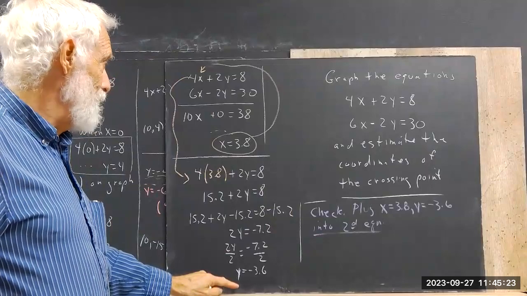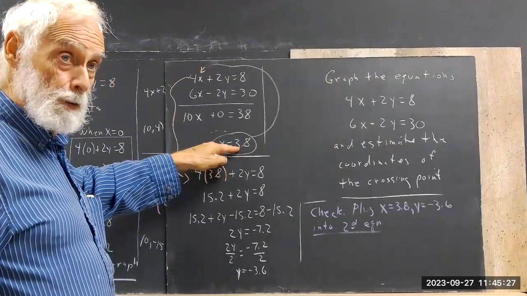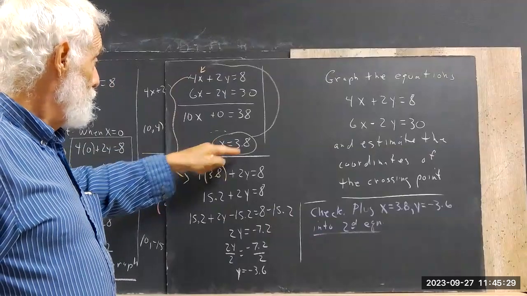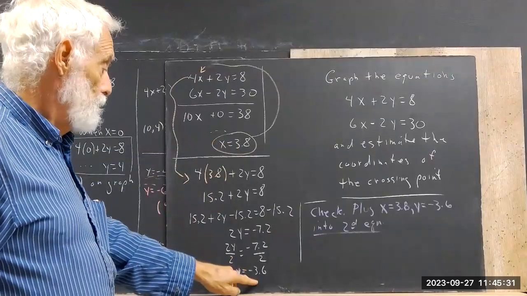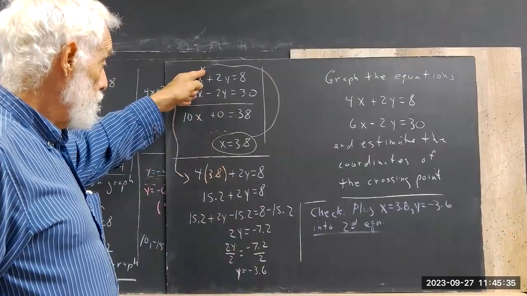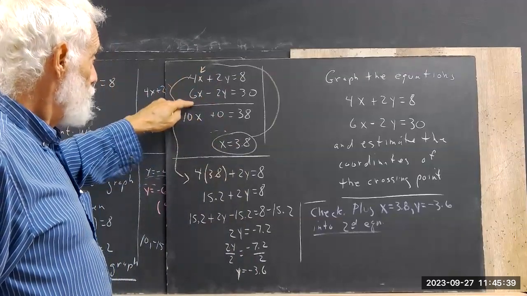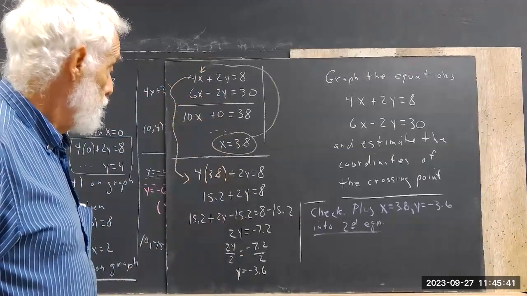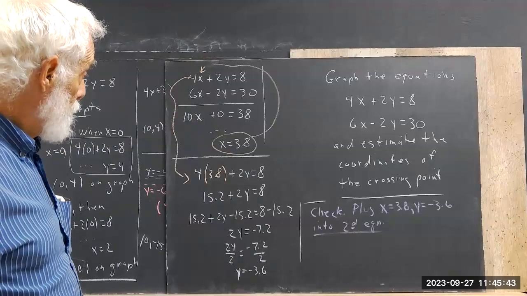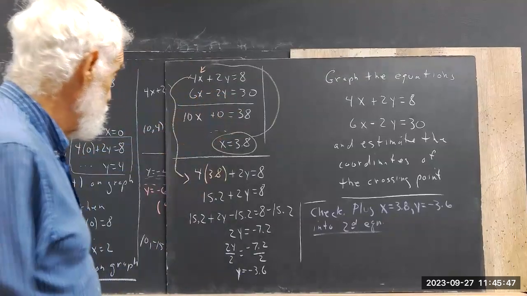So it's possible that we made an error in getting x equals 3.8, but if I solve this correctly, negative 3.6 is going to be correct for this equation. 3.8, 3.6 will be a solution to this equation. We want to see if it's a solution to this equation, because this value depends on the second equation as well as the first.